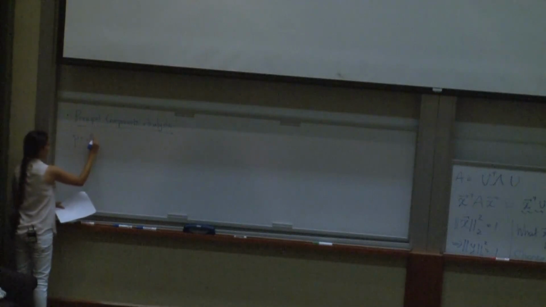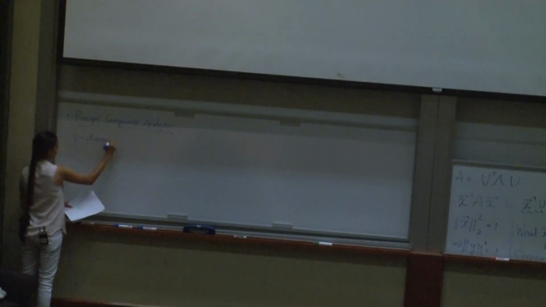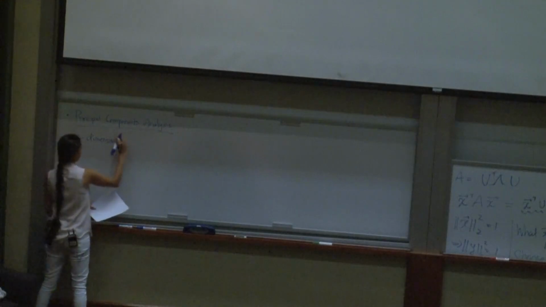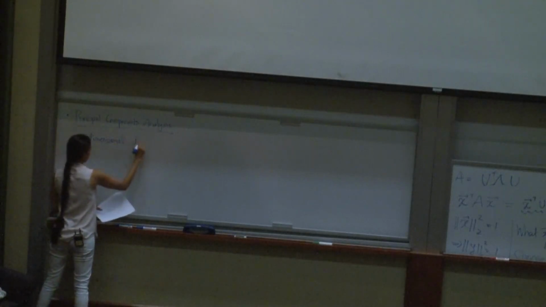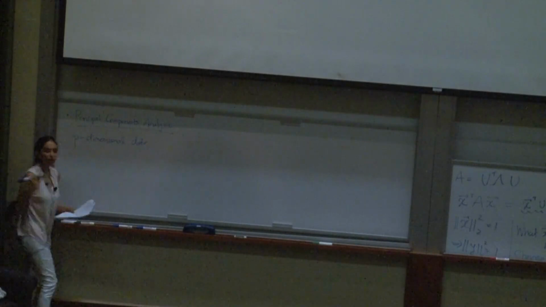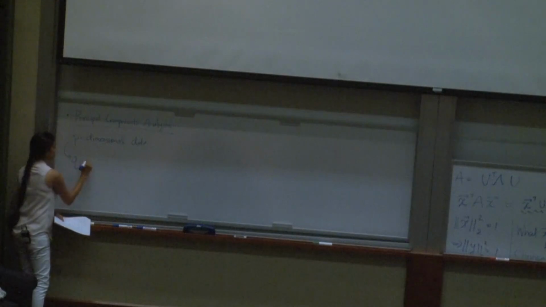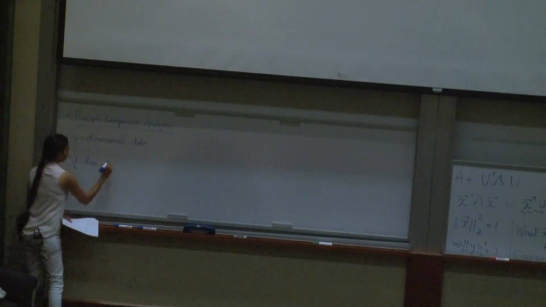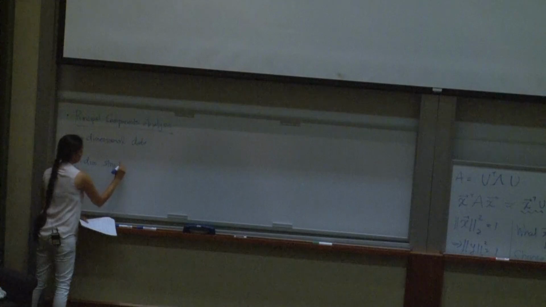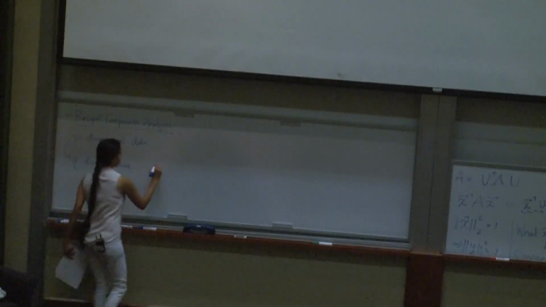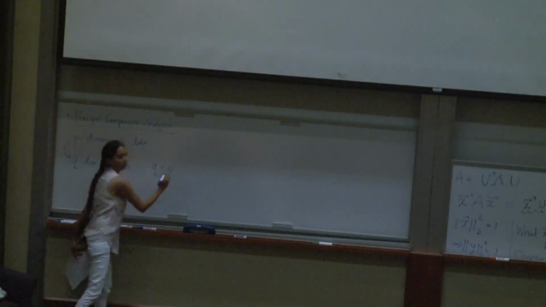Fundamentally, if I have some p-dimensional data, I want to be able to find an underlying q-dimensional structure where q is strictly less than p.